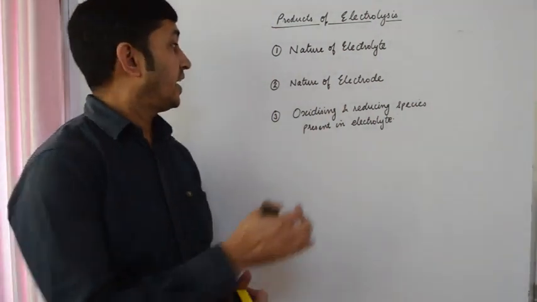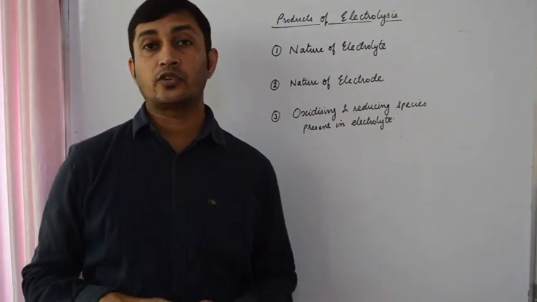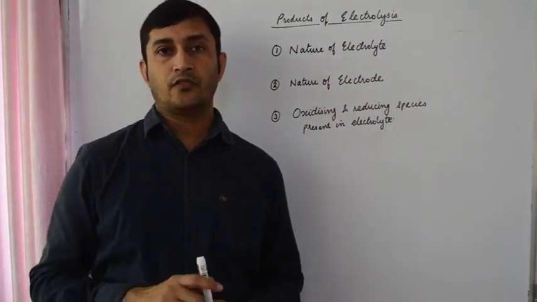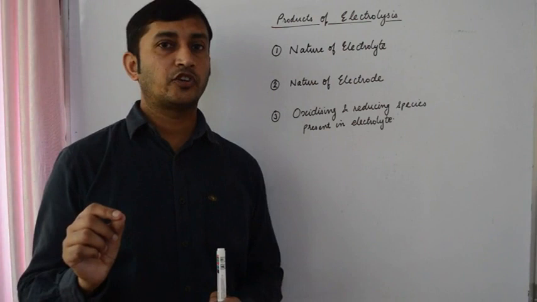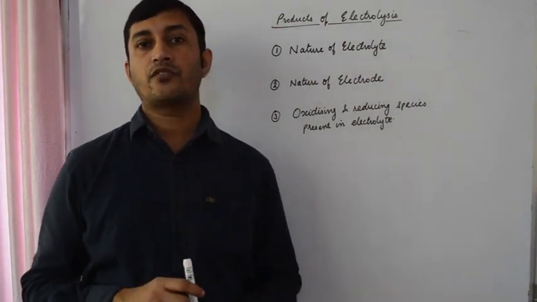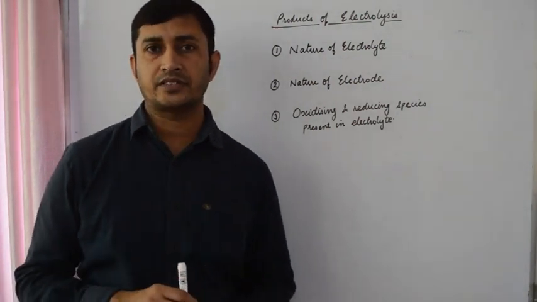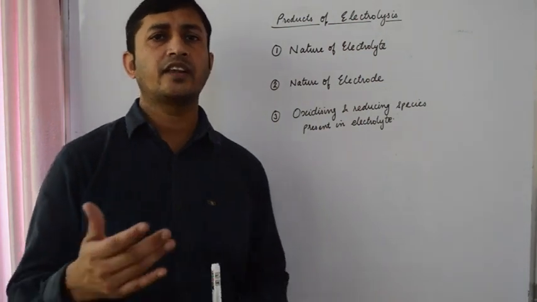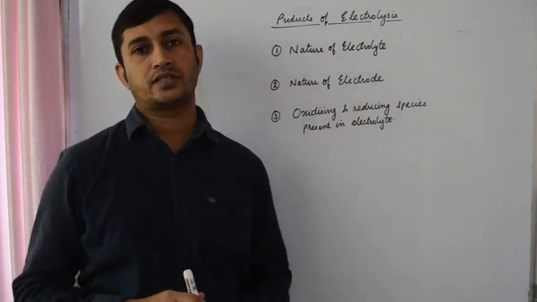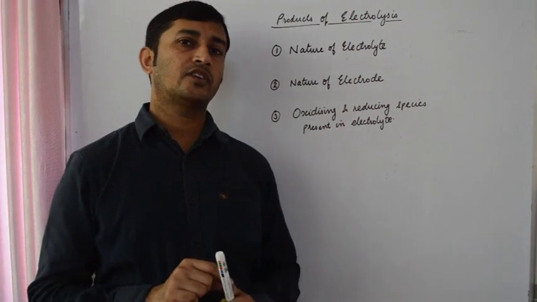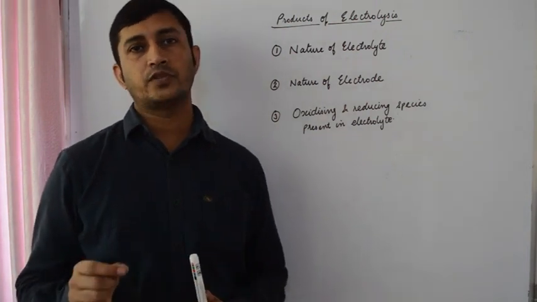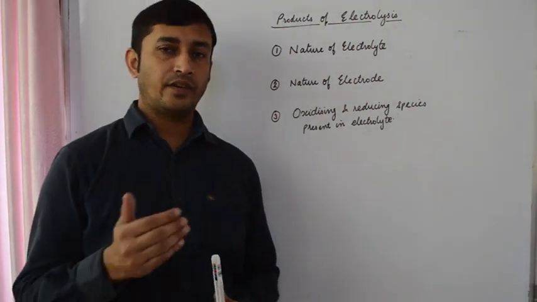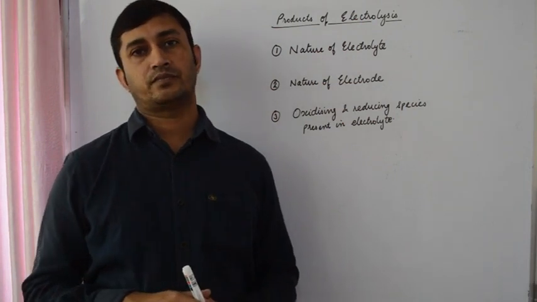On the other hand, active electrodes participate in the reaction. For example, a copper electrode is used during electrolytic refining of copper. It participates in the reaction. So these active electrodes are generally used in the refining process. So the product of electrolysis will be different when we use an inert electrode or an active electrode.